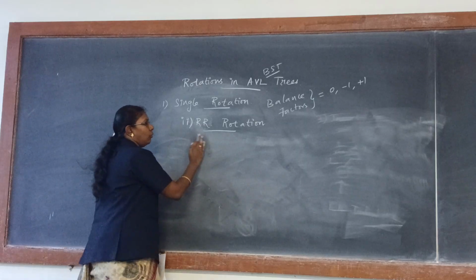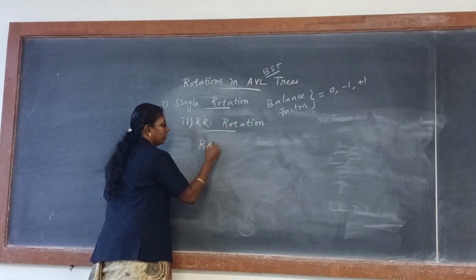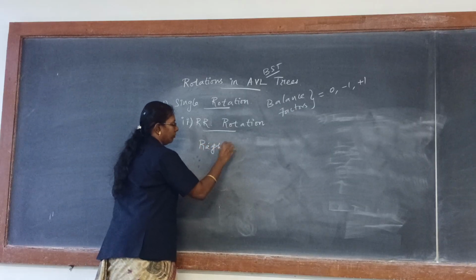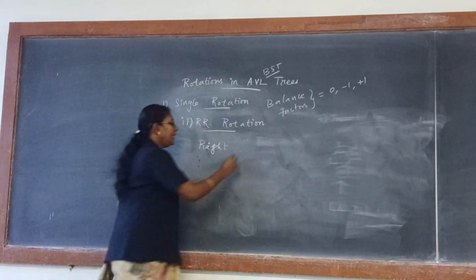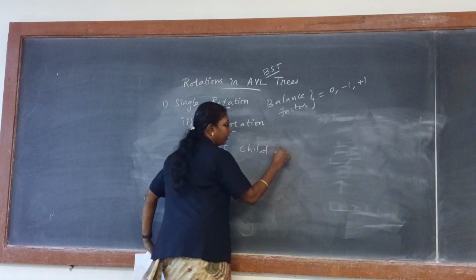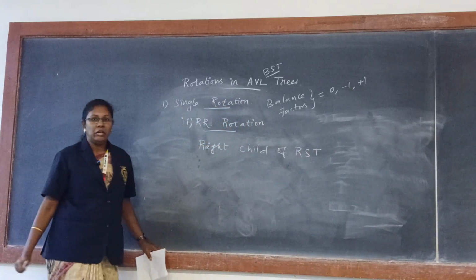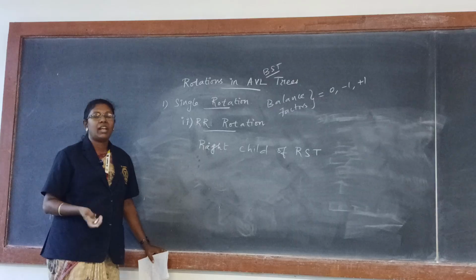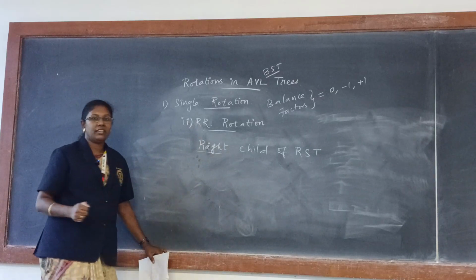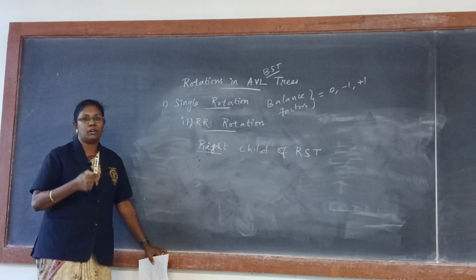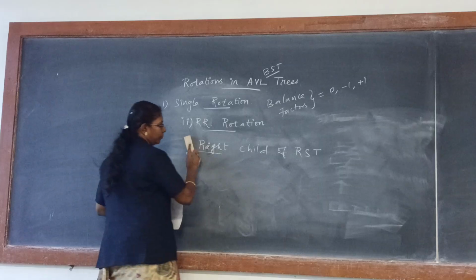So here, while inserting a value at the right child of the right subtree, one imbalance may occur. At that point, we are going to perform the rotation. I am going to explain this concept using an example.